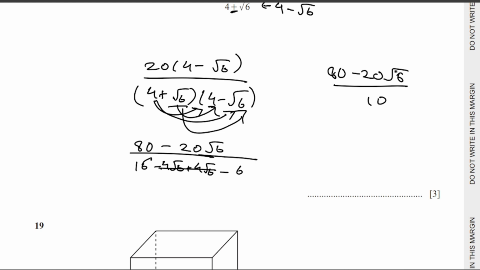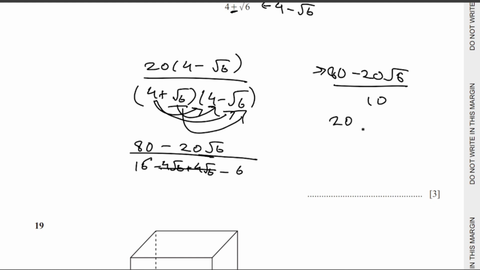Now, what can we do to further simplify this, right? We could factorize the numerator, right? We could factorize it in 20s.